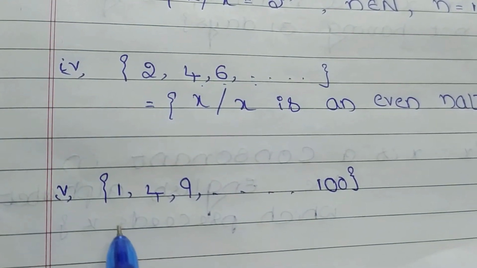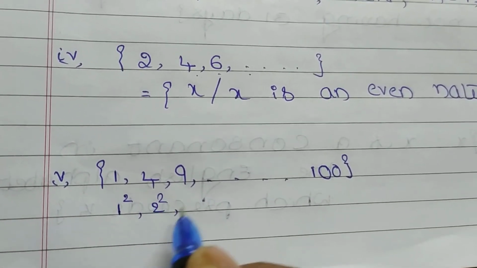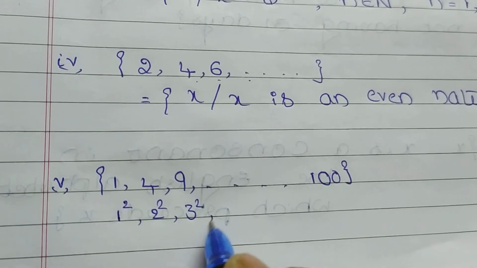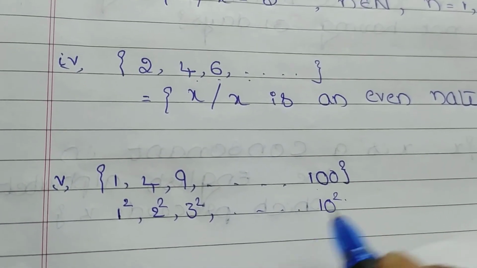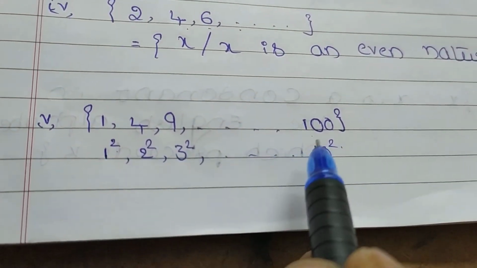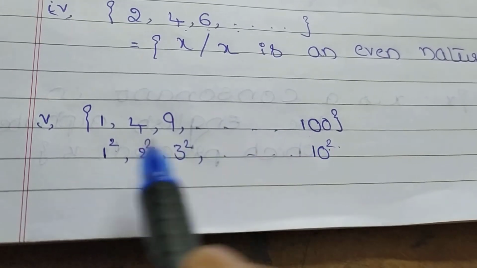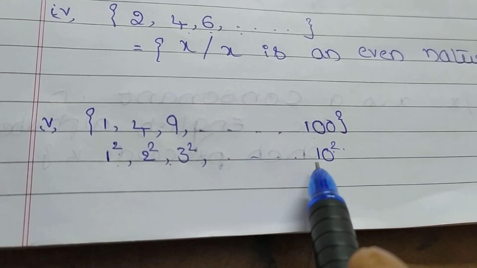Now this one, if you observe, 1 square is 1, 4 is 2 square, 9 is 3 square, and this is 10 square. In which form are they? The power is the same, that is 2, whereas the bases are 1, 2, 3 till 10.